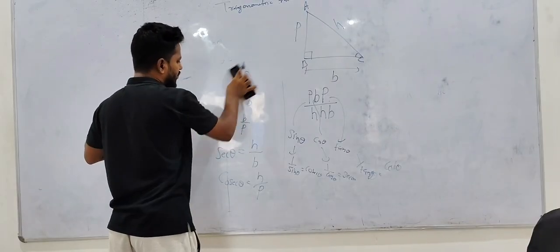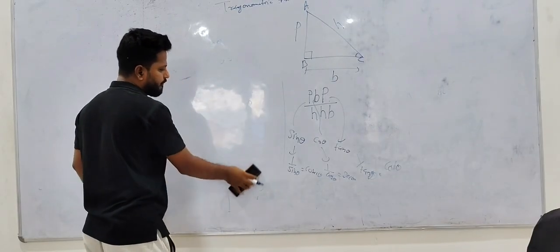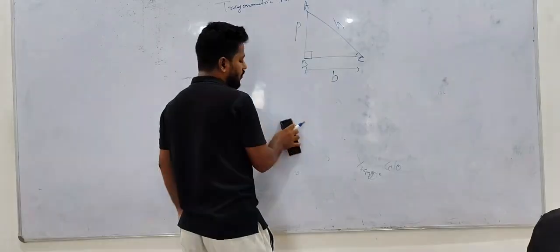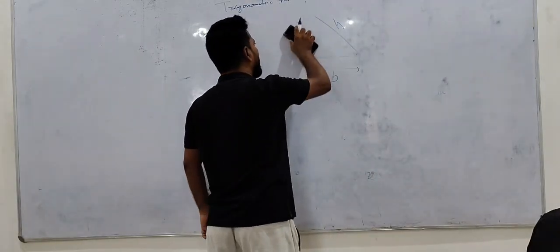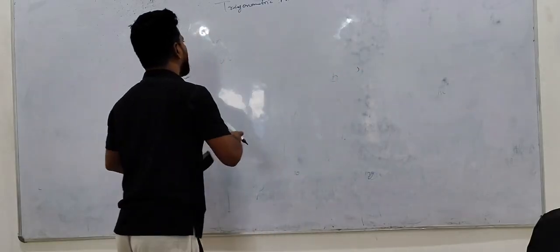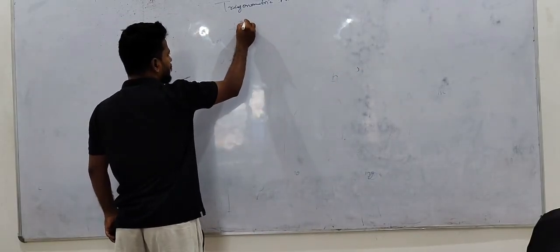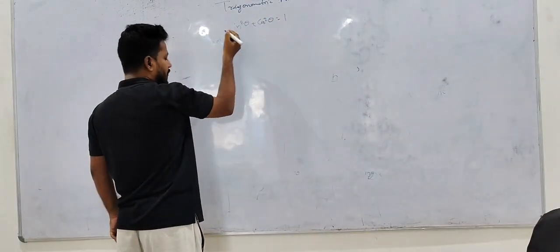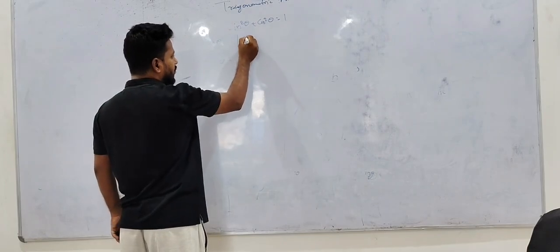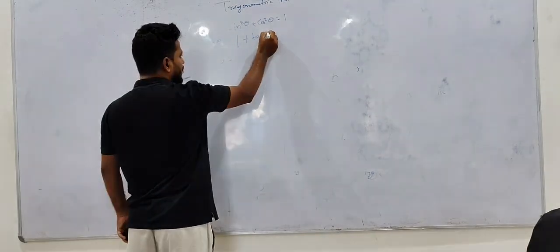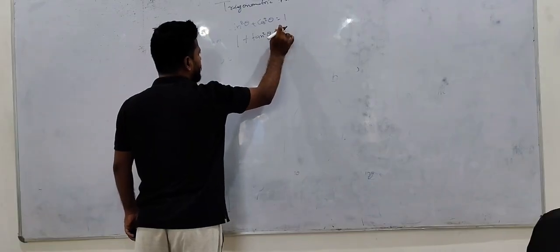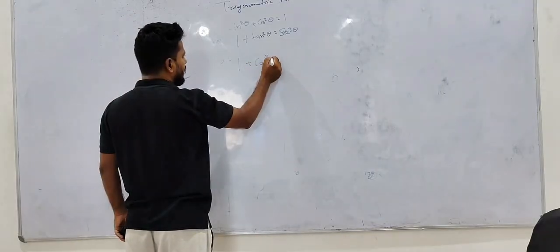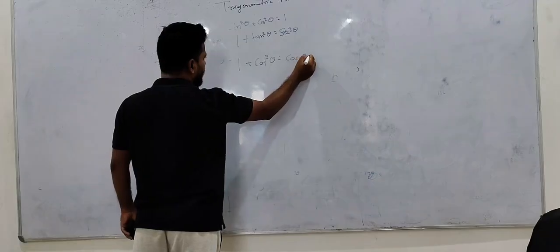So I am erasing this, and first of all I am writing the ratios. Now writing the identities: sin square theta plus cos square theta is equal to 1. For me it is very easy to memorize that 1 plus tan square theta is equal to sec square theta, and 1 plus cot square theta is equal to cosec square theta.